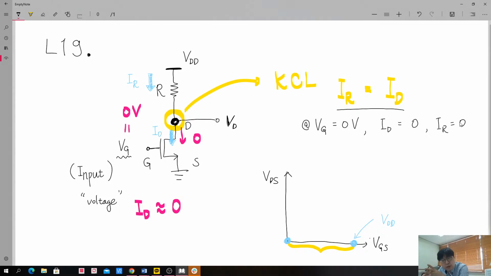In order to have vanishing current, the voltage difference across the two terminals should also vanish.